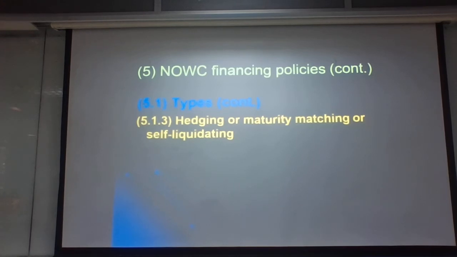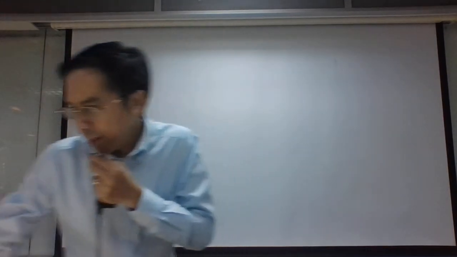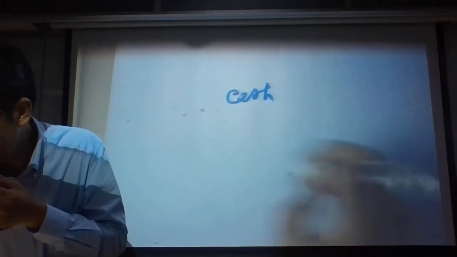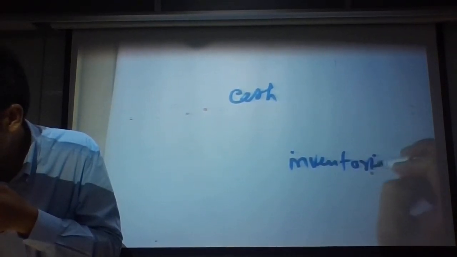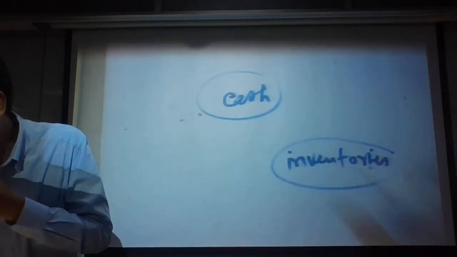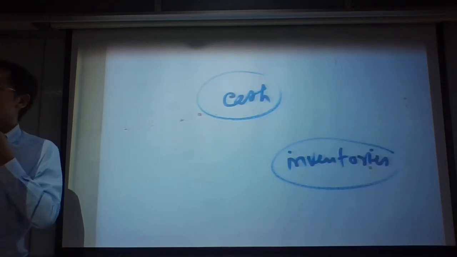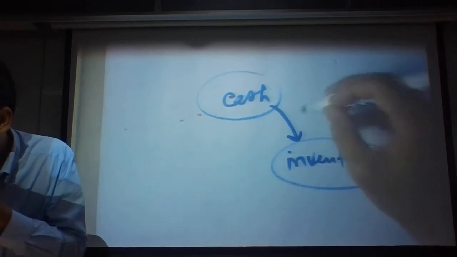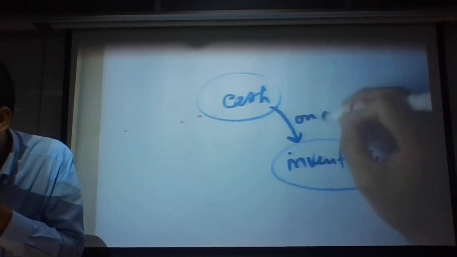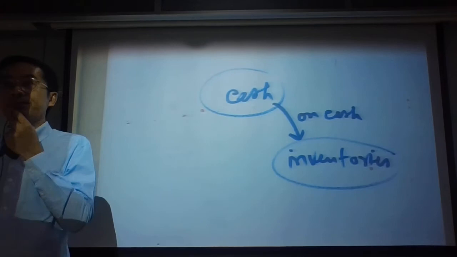To be more specific, the firm is going to finance inventories that can be converted into cash in 3 months by short-term funds that mature in 3 months as well. For example, you buy inventory on cash, so cash is gone.